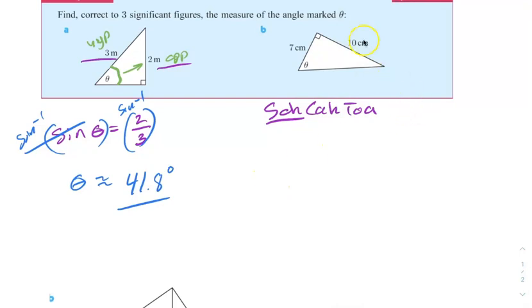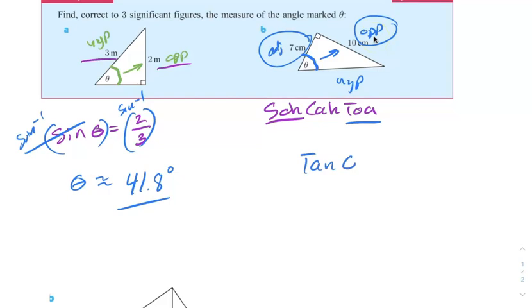Next one, same idea. Highlight your angle. Label the sides in your head. This is opposite the angle. Here's my right angle. This is hypotenuse, which I don't care about in this case. This is my adjacent. So we have adjacent and opposite, which makes TOA. So we're going to set up tan of my angle equals opposite over adjacent, 10 over 7.